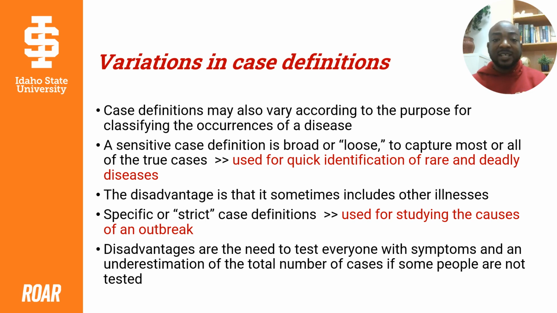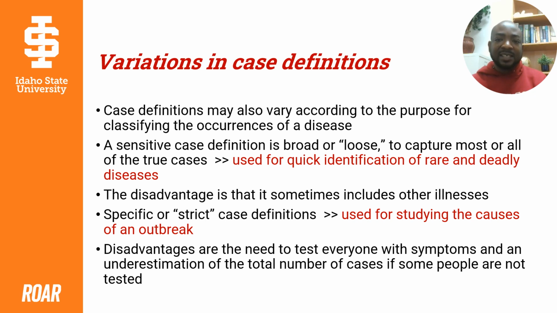This definition is quite broad and will include not only all cases of rubella, but also measles, chickenpox, and rashes due to other causes such as drug allergies. So while the advantage of a sensitive case definition is that it includes most or all of the true cases, the disadvantage is that it sometimes includes other illnesses as well.